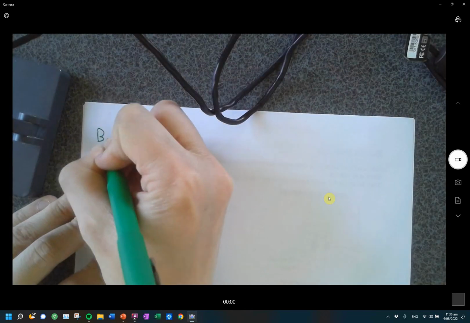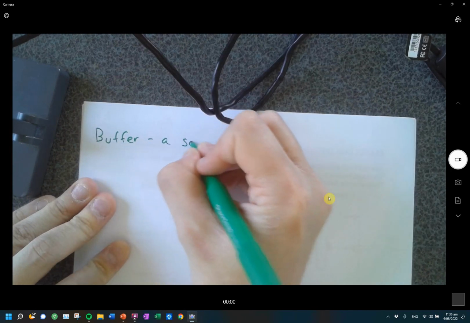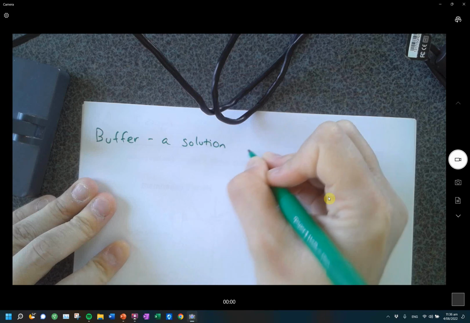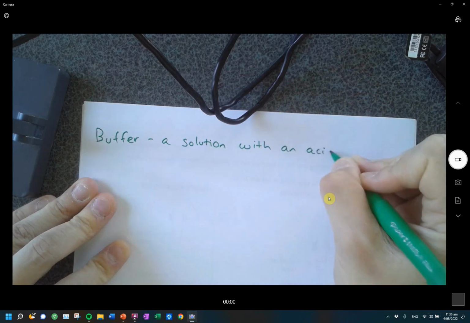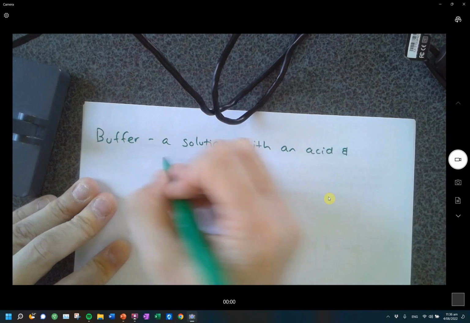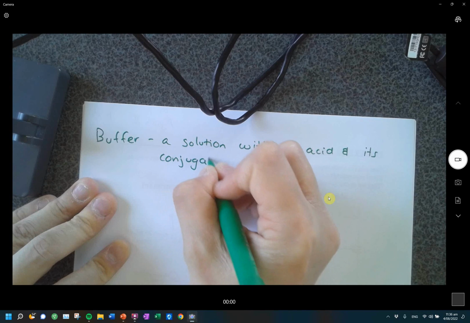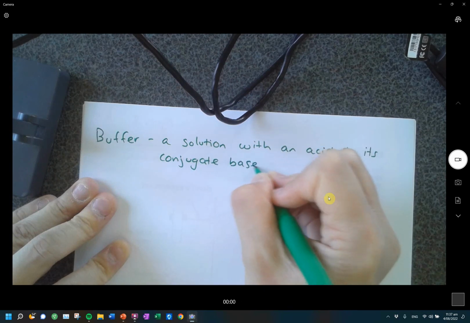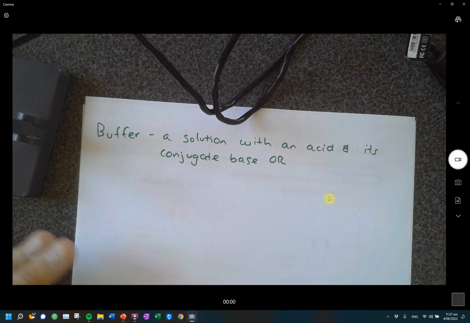But when we're talking about buffers in science, we are talking about a solution. It's a solution with an acid and its conjugate base, or it could be the other way around: a base with its conjugate acid.